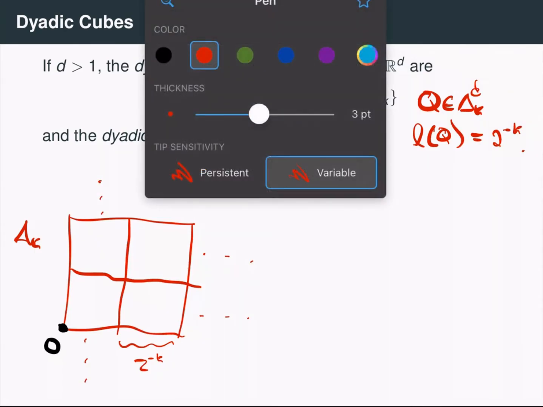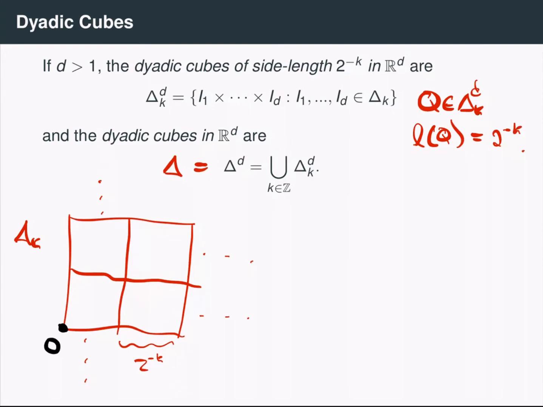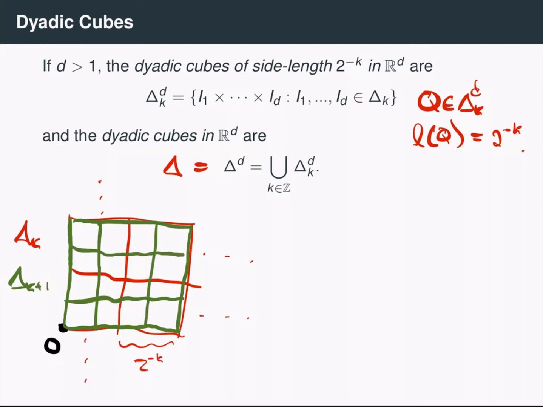Again, the dyadic cubes have a nesting structure in the sense that if I look at the cubes in delta k plus 1, these are still going to tile the plane. But now every cube in delta k gets split into 4 squares from delta k plus 1.